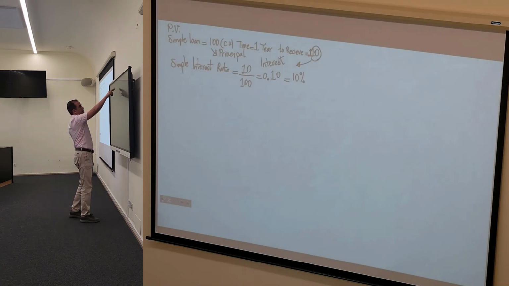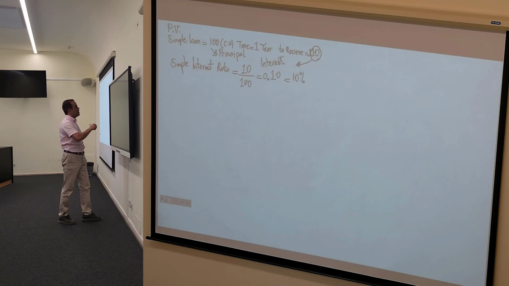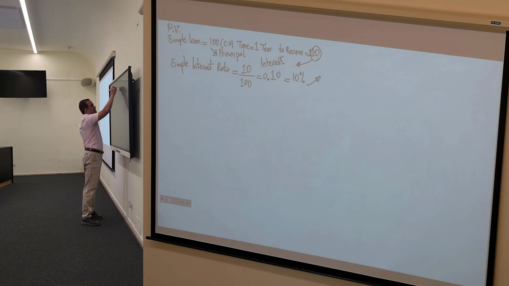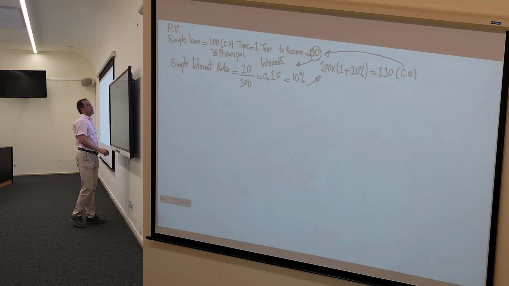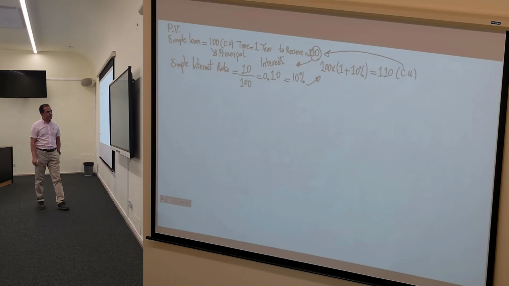So this 110 can be calculated by this 10% based on the principal that we have here. So we can say 100 times 1 plus this 10%, that would be 110 currency units.